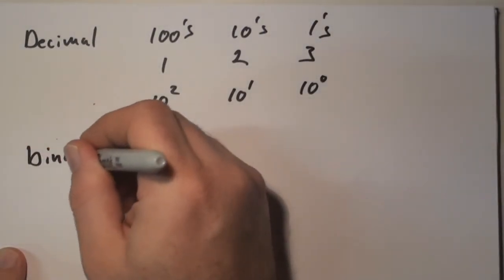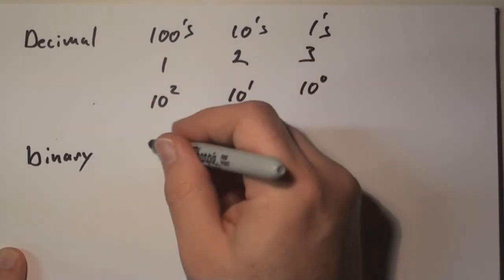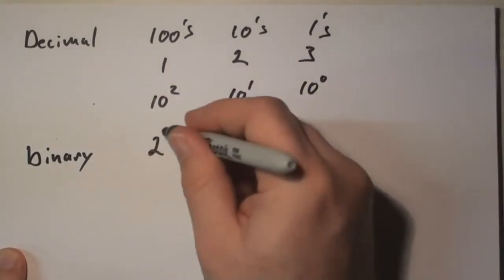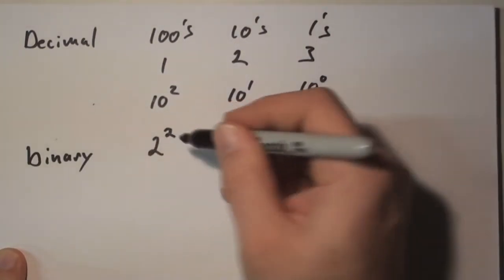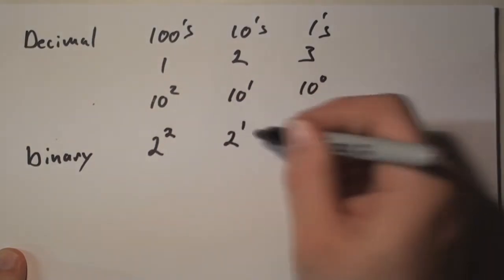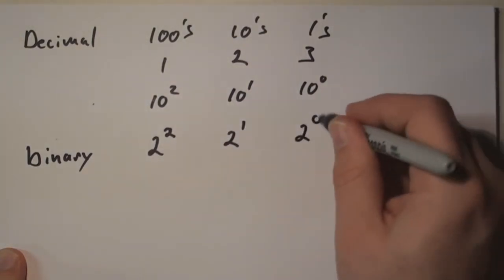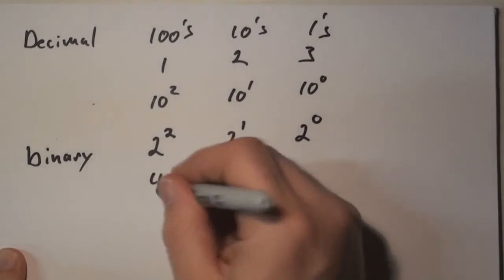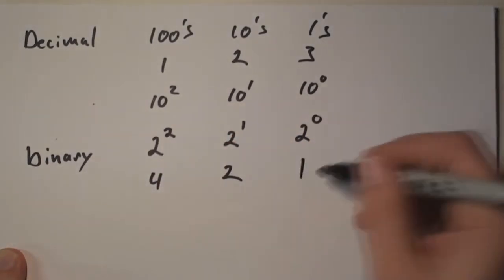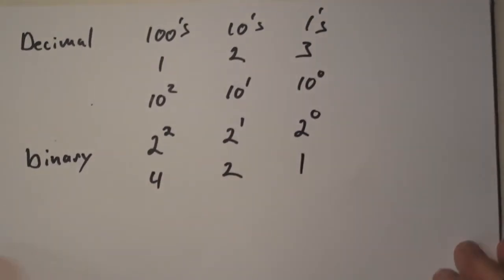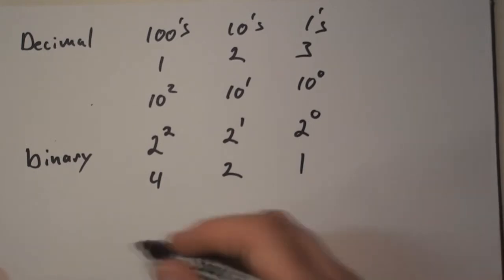And in binary, we don't have the tens, hundreds, and ones. We have base 2 weighted columns, 2 to the power of 2, 2 to the power of 1, 2 to the power of 0. 2 to the power of 2 is 4, 2 to the power of 1 is 2, and 2 to the power of 0 is 1.